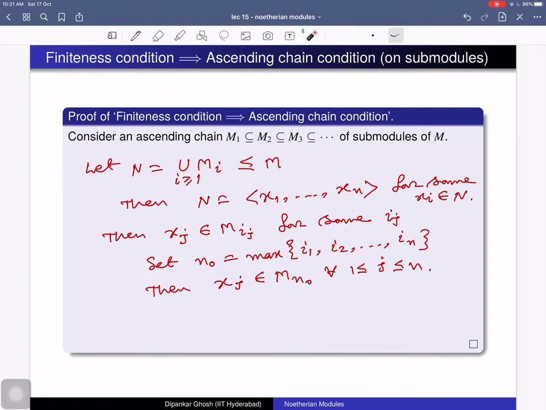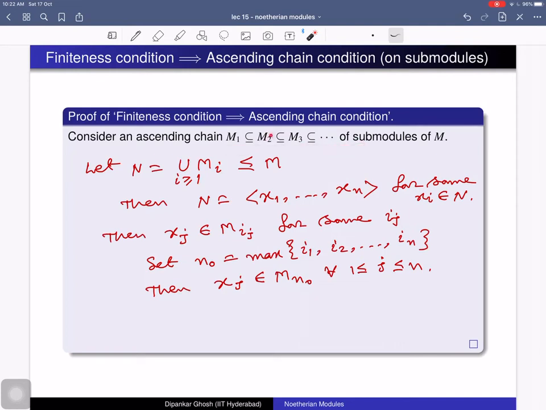Using the fact that this union is generated by these, if we consider each element in the generating set, since it is in the union, xj will be in at least one submodule from this chain. So let's say it is M sub ij, and then if we take the maximum of these indices, let's say it is n naught. So we have considered this ascending chain.